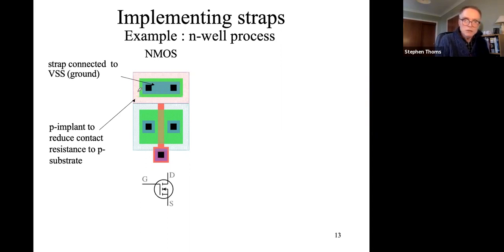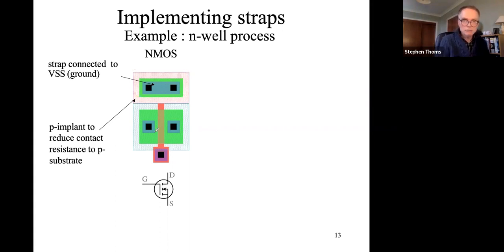So we implant a local area here, strongly P. We know the whole wafer is basically P-type, but to make a good connection to low-doped P-type material, you always need a heavily doped area.